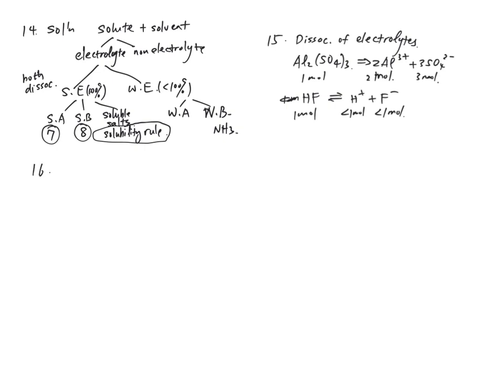Now, then we discussed double displacement reaction and net ionic equation. So you have 2 ionic compounds, 2 electrolytes, exchanging partners to make new ones.